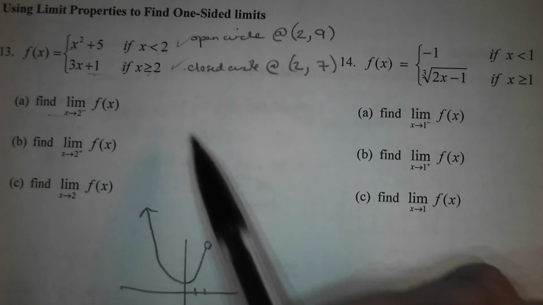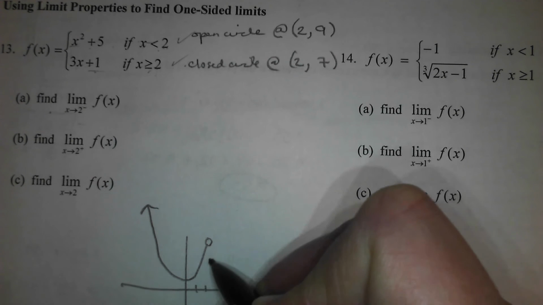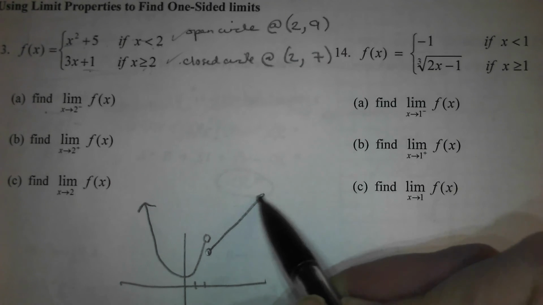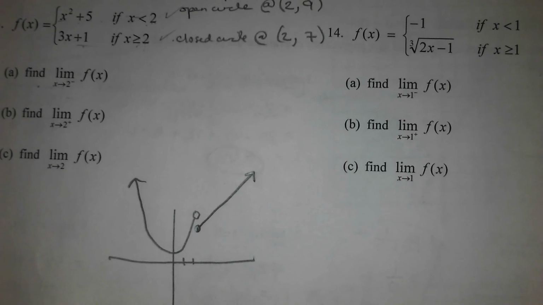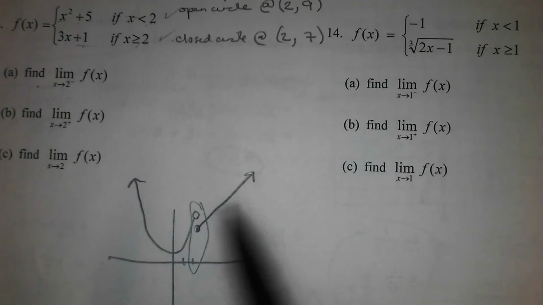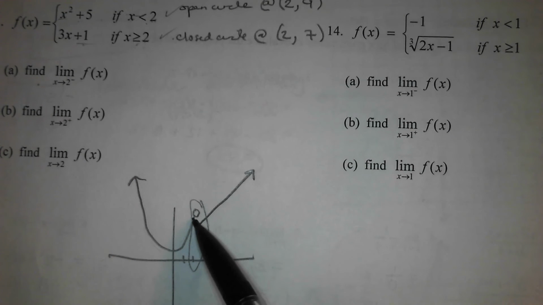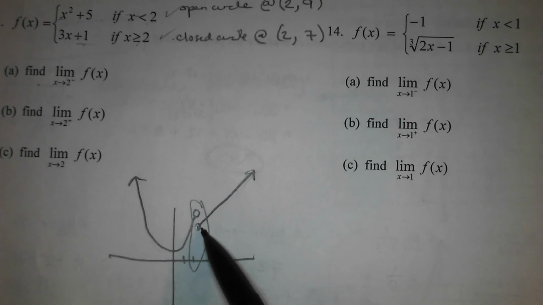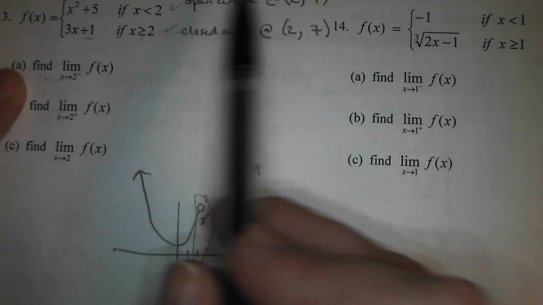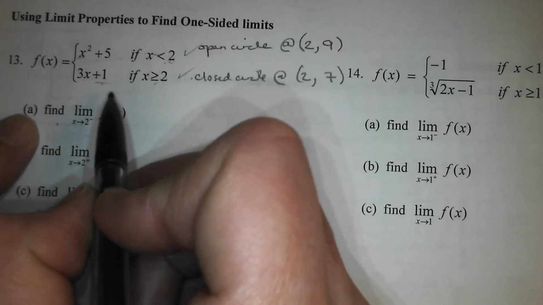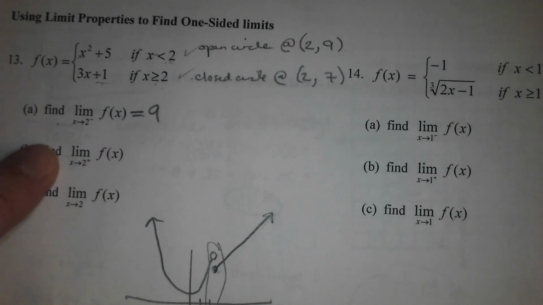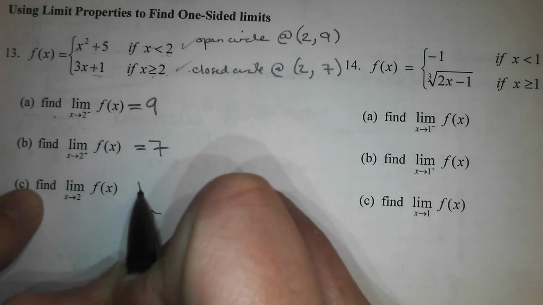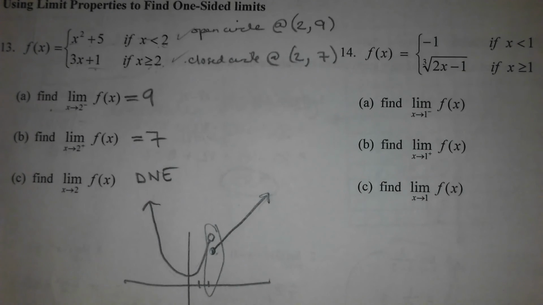And the other one, which is a line, is starting at 2, 7, and it's a line with a positive slope of 3. So when you see that image, it's much easier to tell that as I approach from the left, I have a different number than if I'm approaching from the right. Agreed? Approaching from the left is using that first piece, which gave us a 9. Approaching from the right was using that second piece, which was a 7. And because those don't match, the overall limit does not exist.